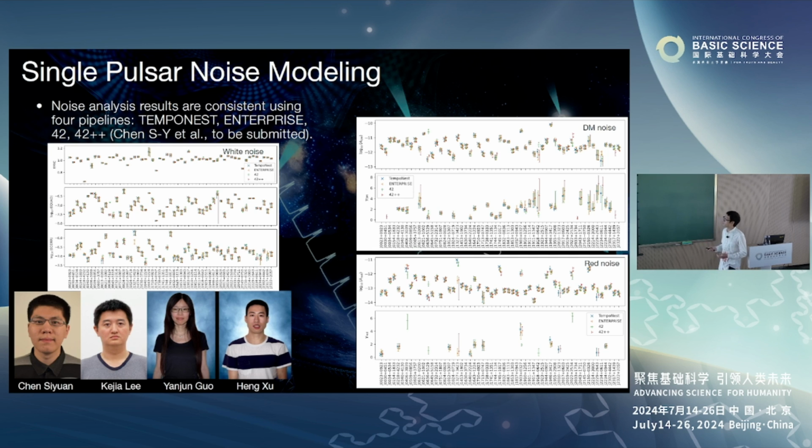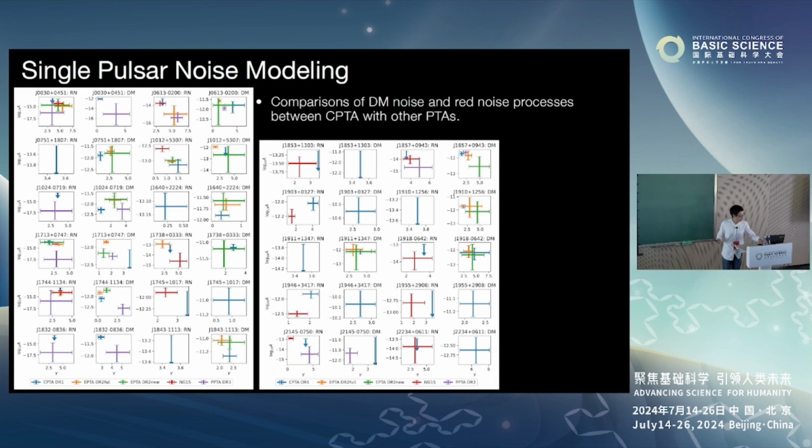Basically, we got very consistent results on the white noise, the DM noise, and the red noise between these 4 different pipelines. So we can see that our noise analysis is also very okay. And here I want to say that we also use 42++, that is written in C++, to do the following gravitational wave searches. So this just means that this pipeline worked well.